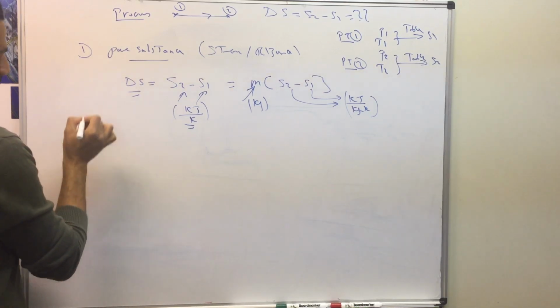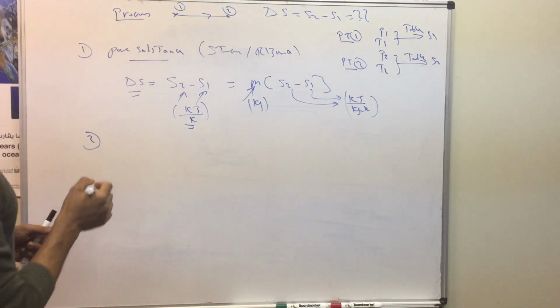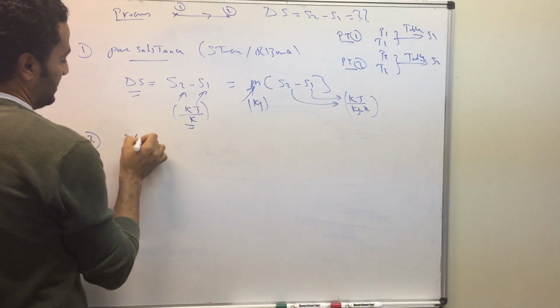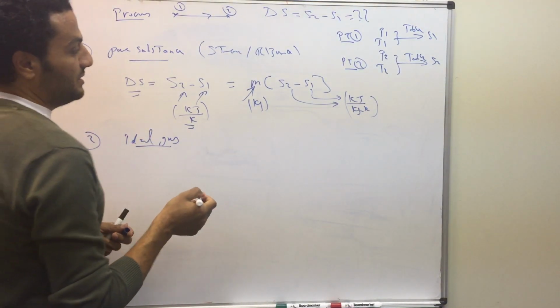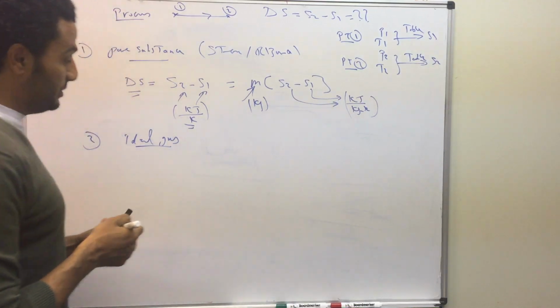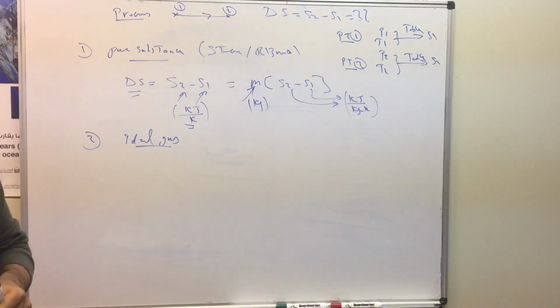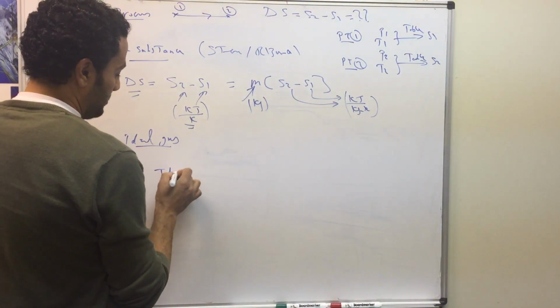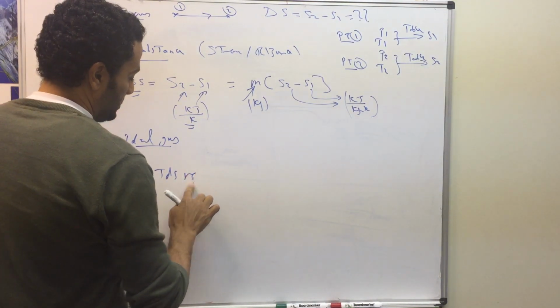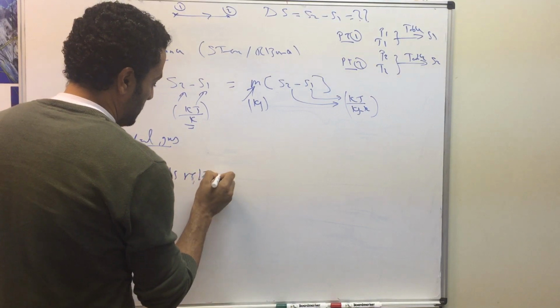Let's say we have any other substance, such as an ideal gas. In the case of an ideal gas, or any other substance actually, we have some relations that should be used, called the Tds relations.